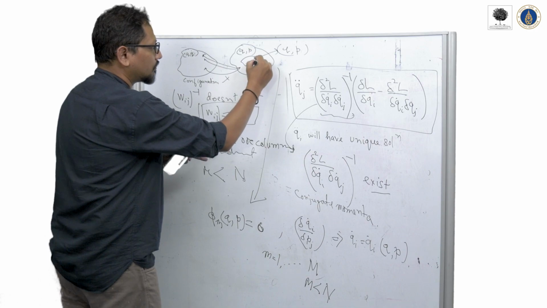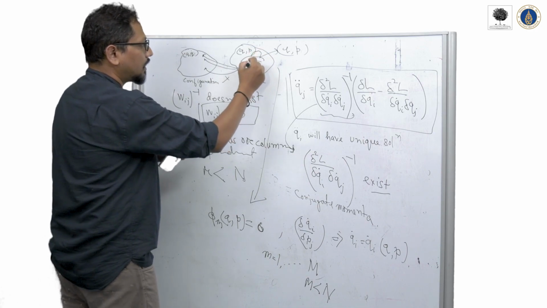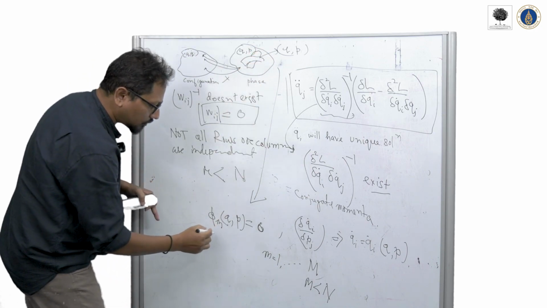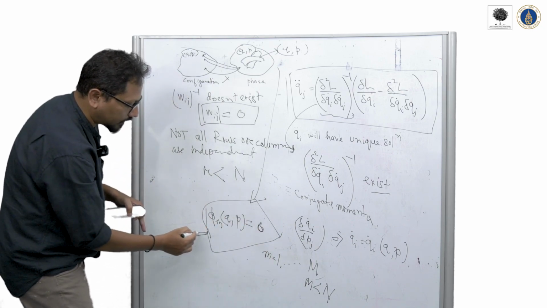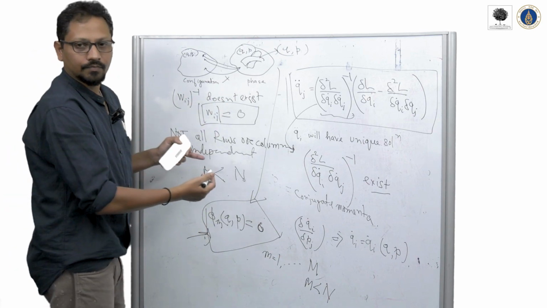There could be many hypersurfaces geometrically, and all those constraints must be satisfied while solving the system.